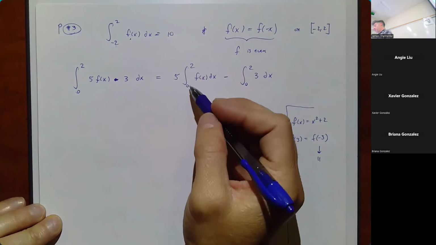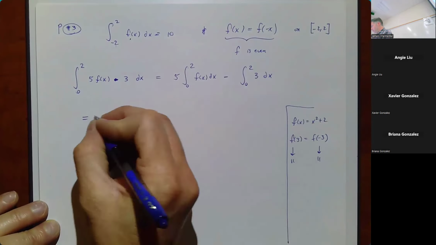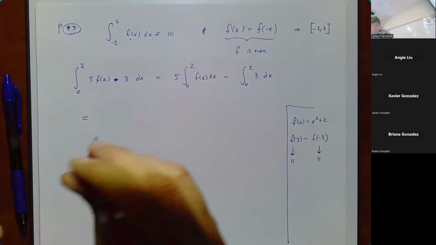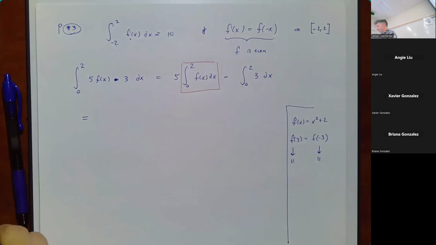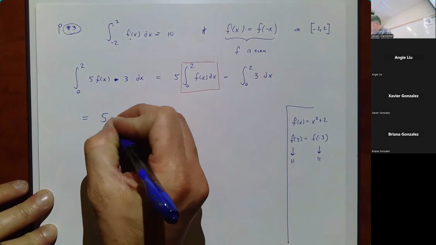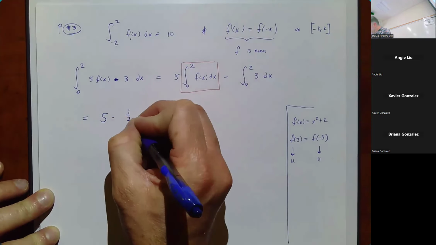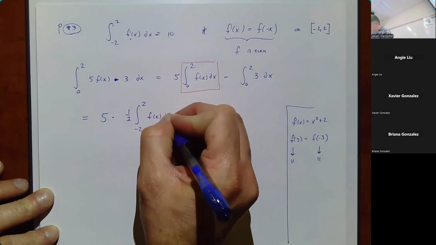So then we're going to use the fact that f is even to say that this integral here from 0 to 2 of f of x, this is a question that is making me think a little bit. You're going to write that as 1/2 times the integral from -2 to 2 of f of x dx.